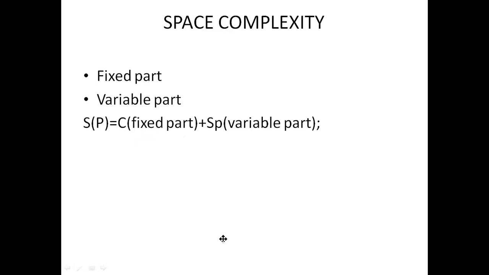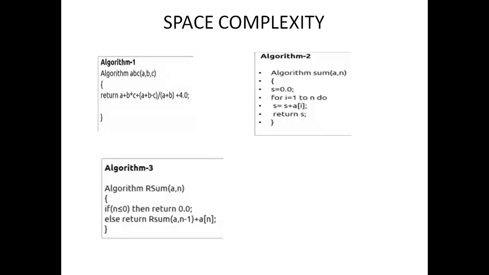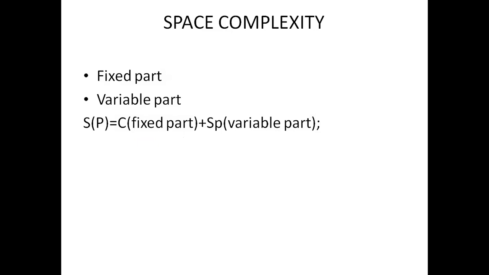So understand the definition: the amount of memory required for that program to execute. The fixed part is independent of instance characteristics, whereas the variable part is space for variables whose size depends on a particular problem instance.